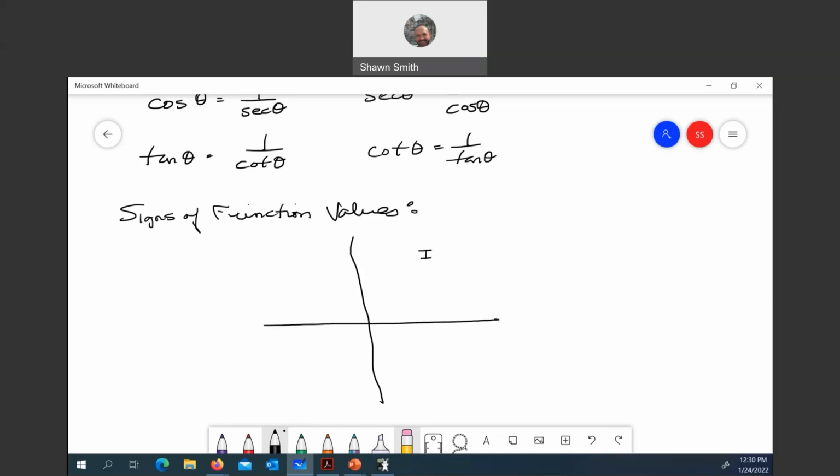All right, we've got quadrant 1, quadrant 2, quadrant 3, and quadrant 4. Just remember this little mnemonic. It's really easy. All students take calculus.